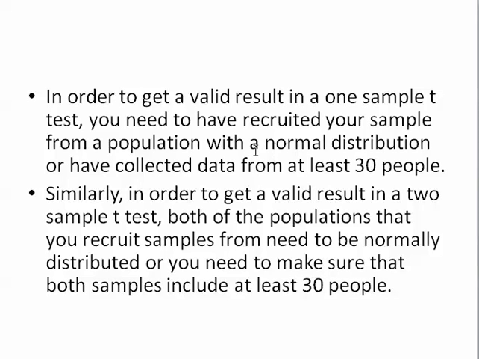The exception is if you know that the populations are normally distributed, meaning bell-shaped, then you can get away with a smaller sample size. But typically, you don't really know if the populations are bell-shaped, which means, to be safe, you should have a sample of 30 people from population 1 and a sample of 30 people from population 2, meaning that should be the minimum sample size you should have.